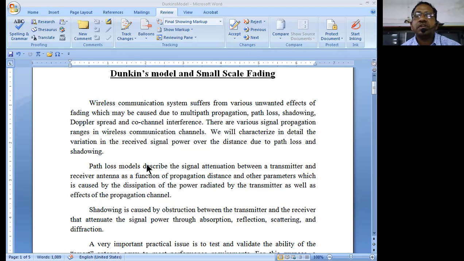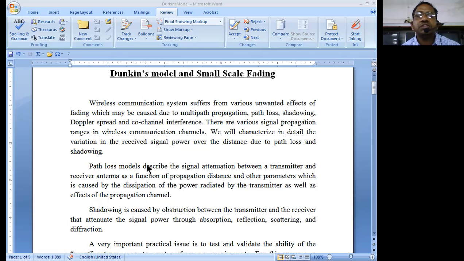Due to these obstacles, many types of losses are going to take place, and in the end the signal is faded by the time it reaches the receiver. Fading is the result of multipath propagation. The signal is not received from a single path. The signal is received by multiple paths after many reflections, refractions, diffractions, all these things.